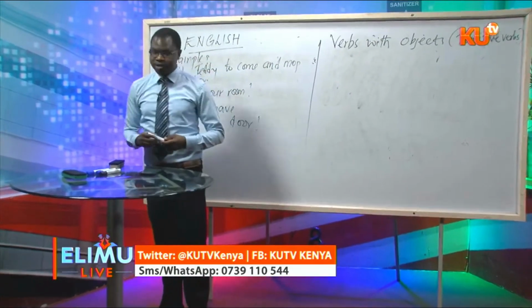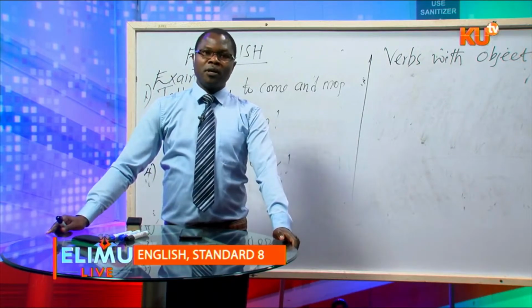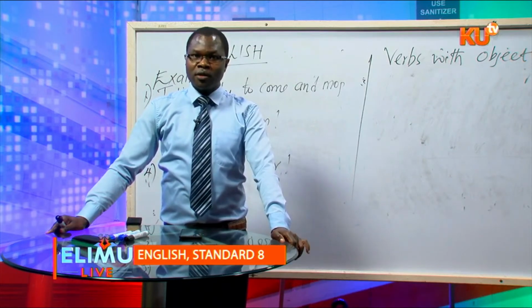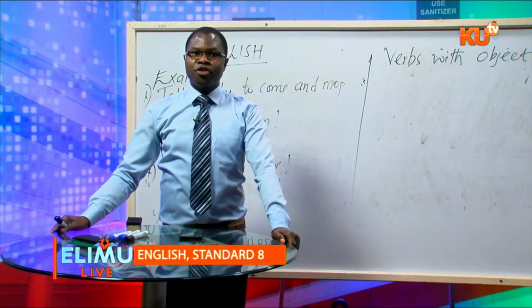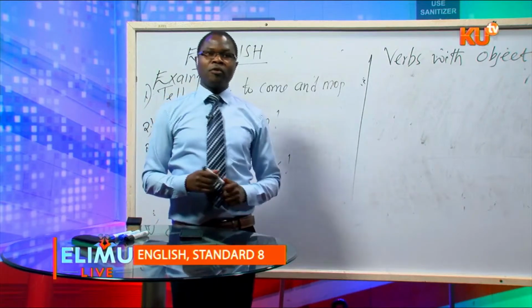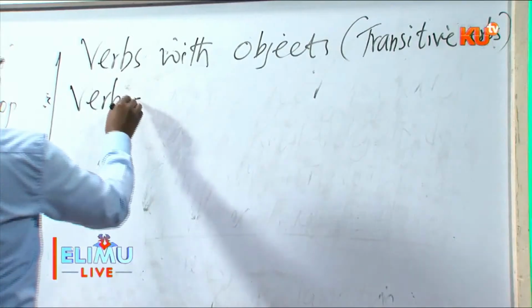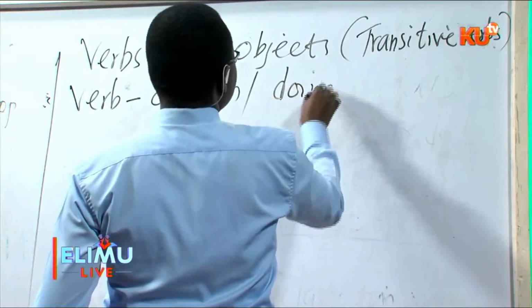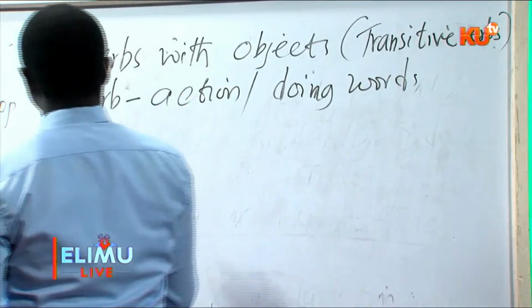Verbs with objects. Now, the basic definition of a verb is an action or a doing word. For example, jump, an action word. Skip, cry, shout. Those are examples of verbs. Whenever you want to express an action, we use verbs.